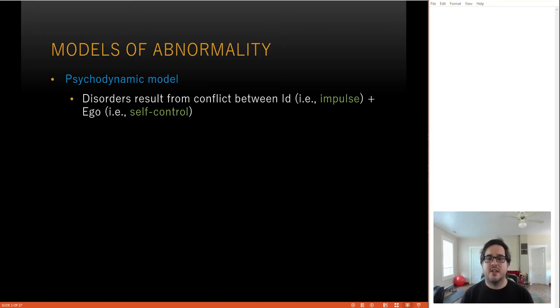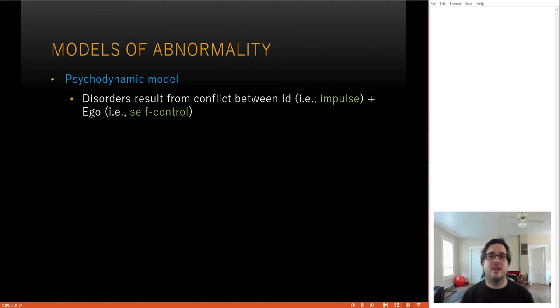And that is that perhaps sometimes these can become unbalanced. Normally, when we have certain impulses, we act on them when they're appropriate, and then we self-control in other moments when we don't think they're appropriate. Well, the idea is if one of these becomes more dominant, then that can lead to disordered behavior.